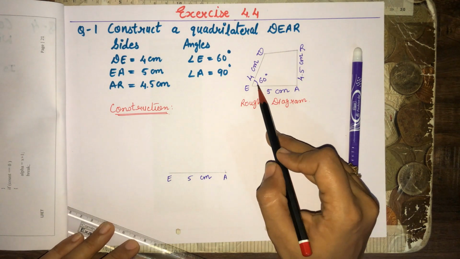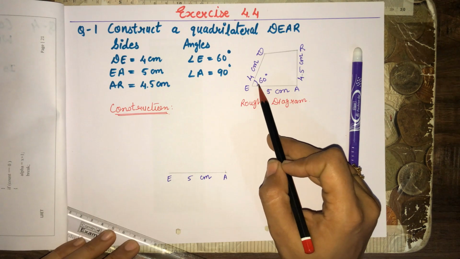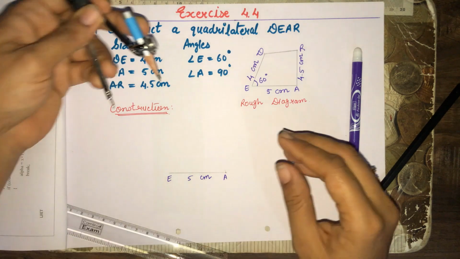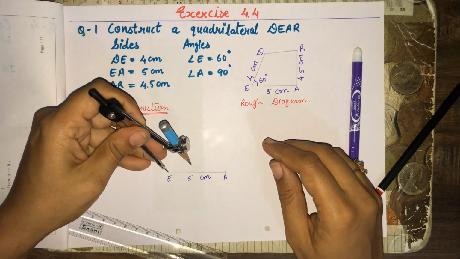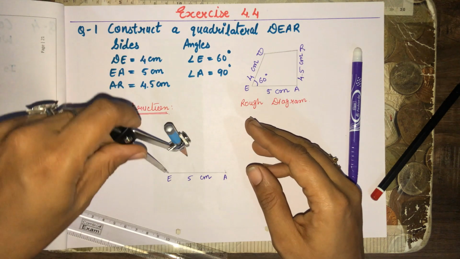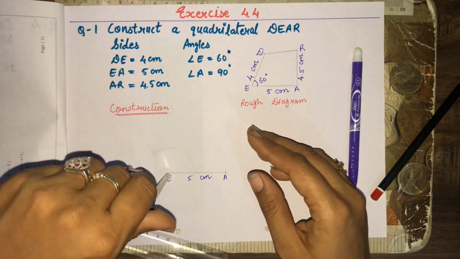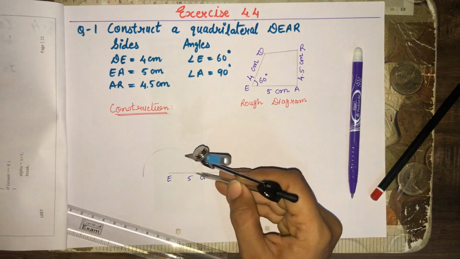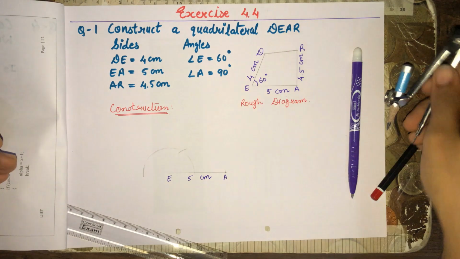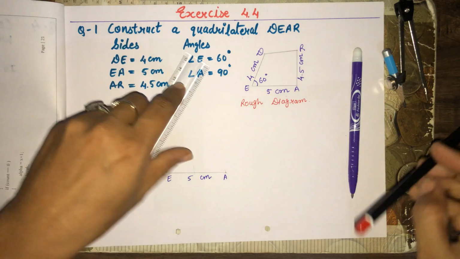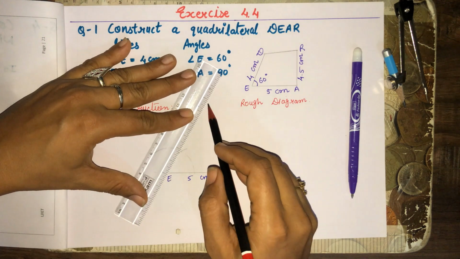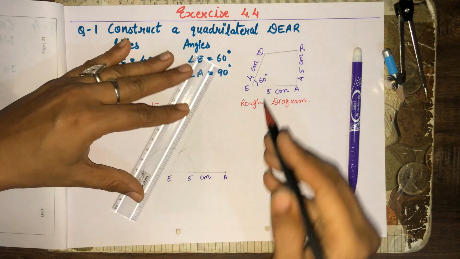Next we have to construct an angle of 60 degrees at point E. For that, taking a random radius and E as center, we'll put one arc like this, and from this point of intersection I'll put one more arc with the same radius, and then we will join this point of intersection and E, extending the line like this.